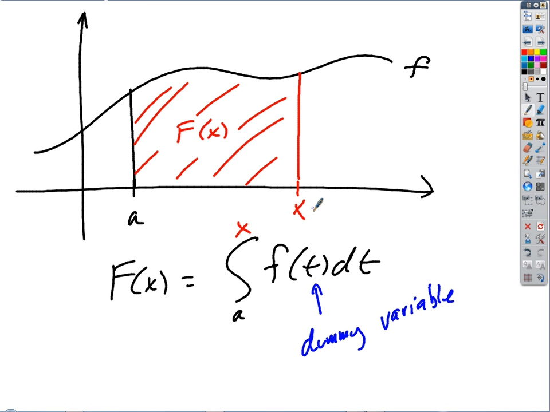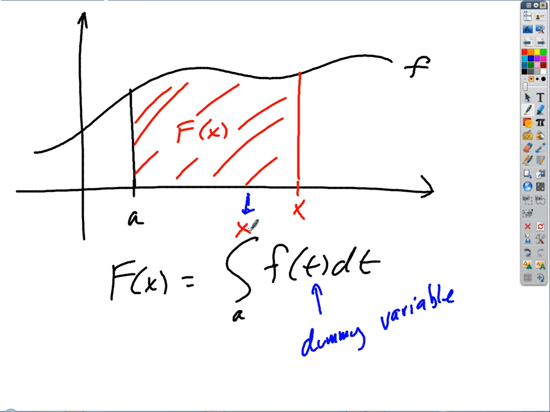That x value might be sliding, but still that variable represents the upper limit of our area, right? And so we need to put that in the upper limit of our integral. Right, so it's got to go there.